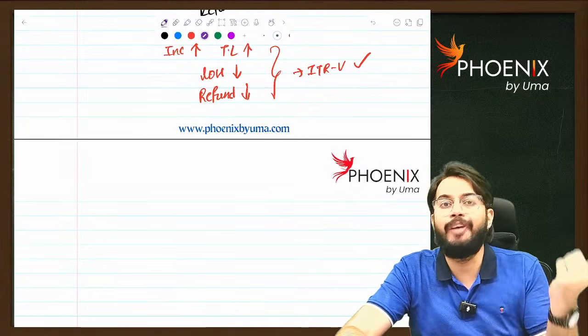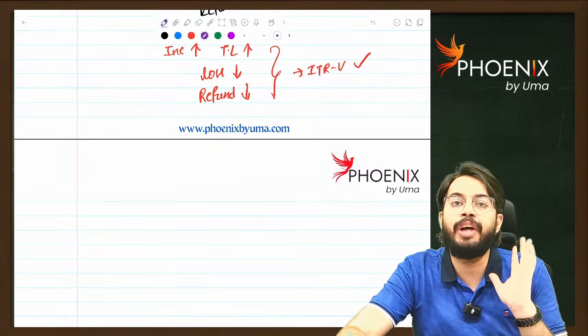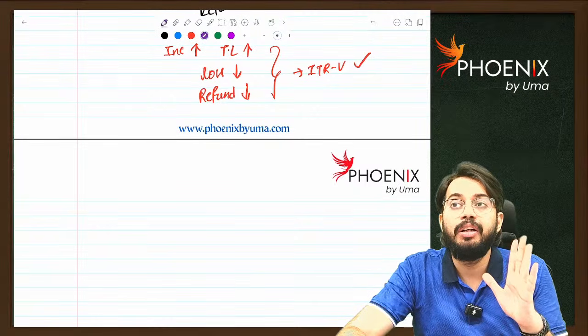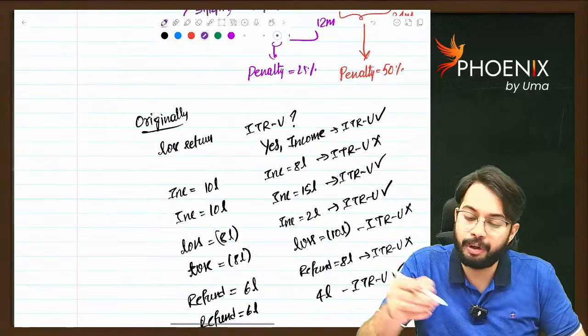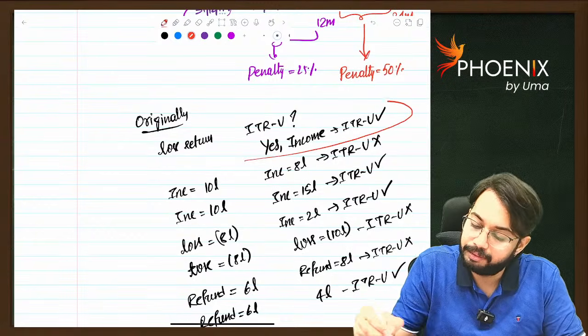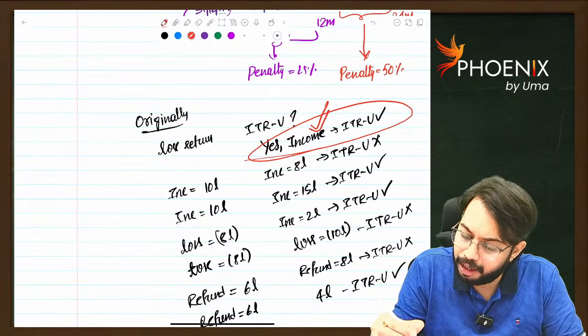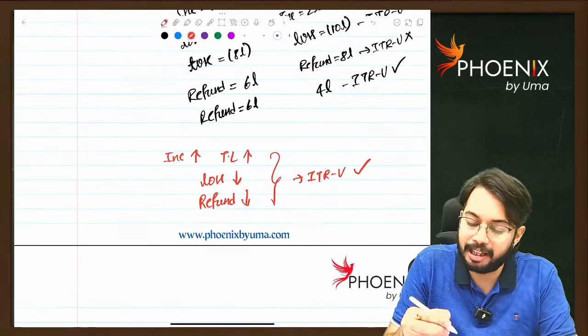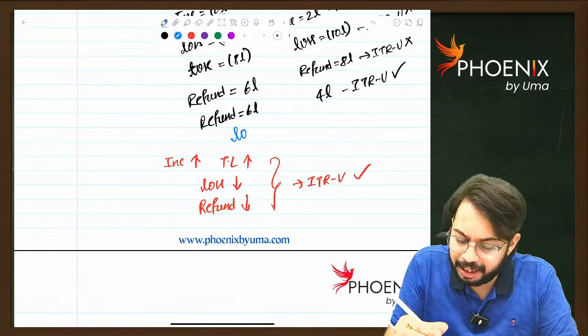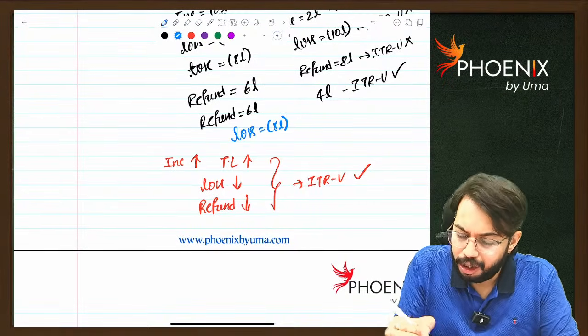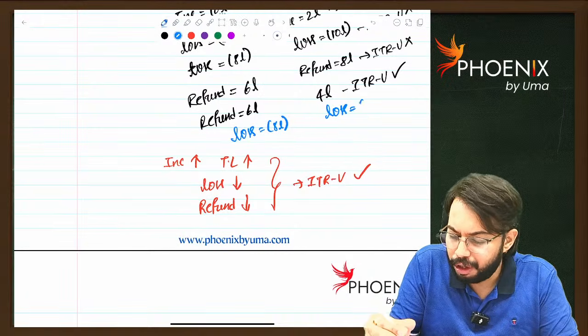See, originally you filed loss return. Now you wanted to file ITR-U. Now definitely you should show income. Then only you can file ITR-U. I told here, definitely you should show income. That means the doubt asked is, loss here is 8 lakhs. Now you wanted to show loss of 2 lakhs.